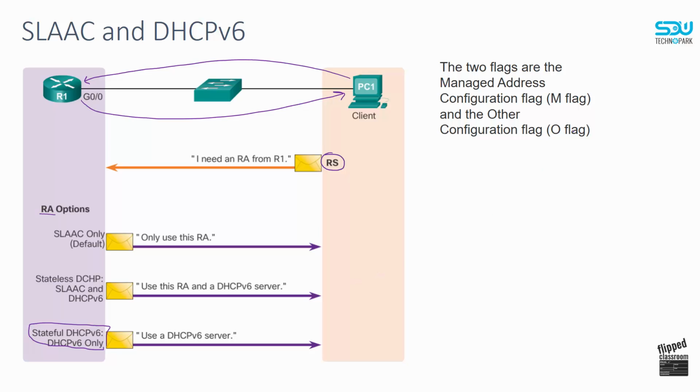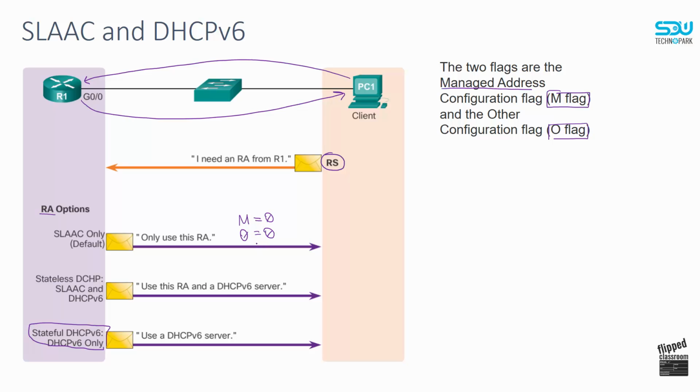And here we have two flags which define these options. Flag managed address, or flag M, and flag other configuration, flag O. If it is the first variant, then flag M will be equal to 0, and flag O will be equal to 0 too.